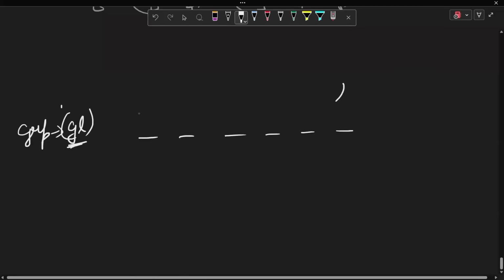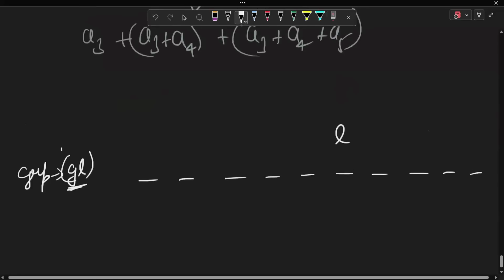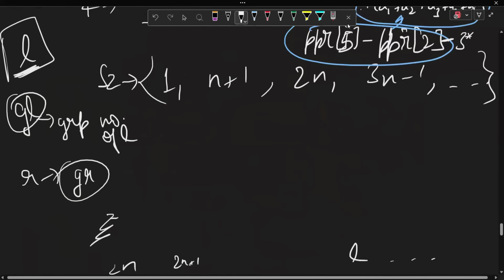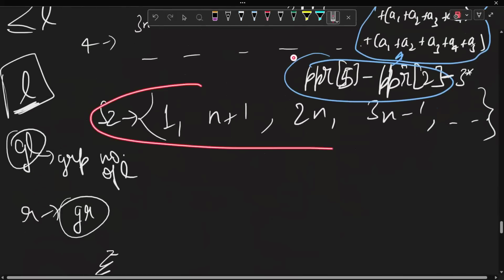in group number GL, L is the index somewhere here. What is the starting index of the group? In my variable, how do we get the starting index? As I explained here, the starting indexes of all the groups are stored in a vector.